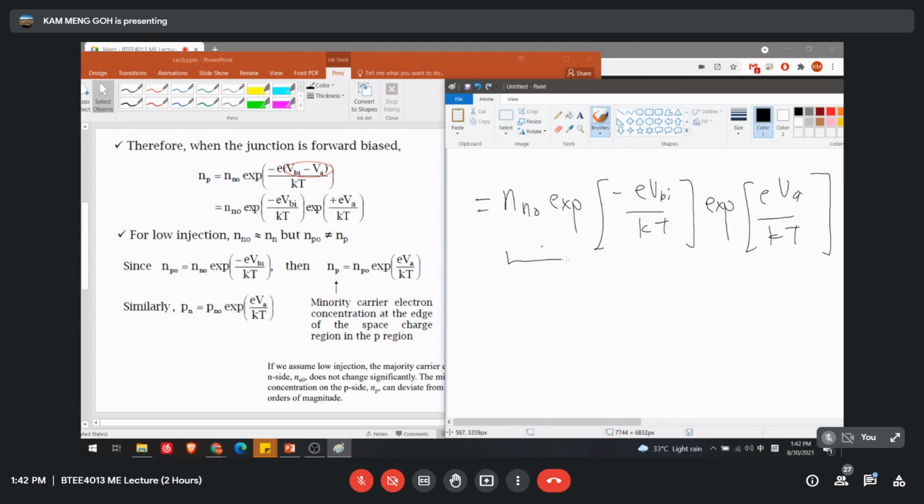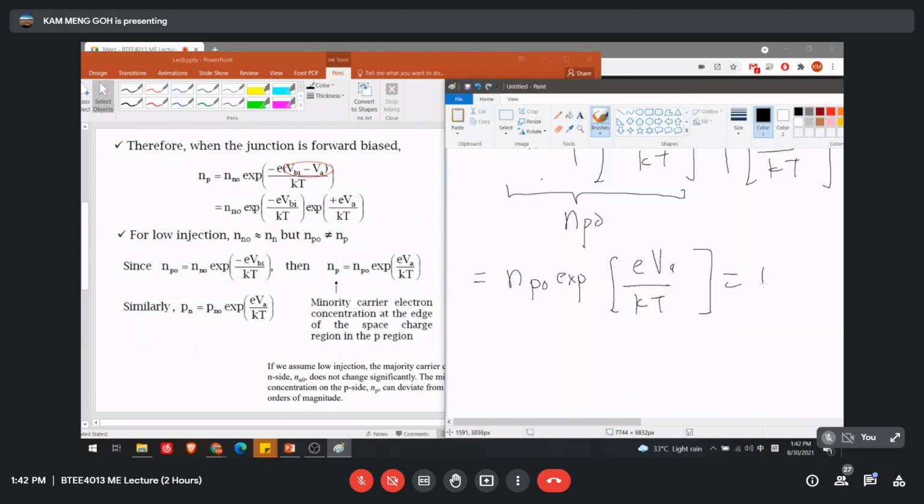Okay, this part will become the MPO. This thing we have done. Then we can shorten it in this way: MPO exponential EVA over KT.